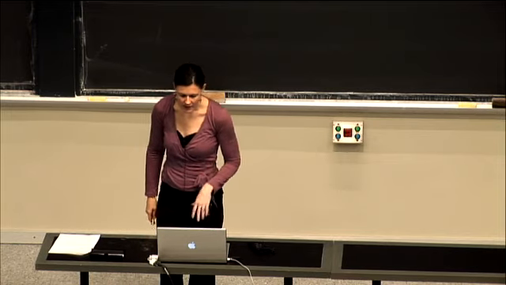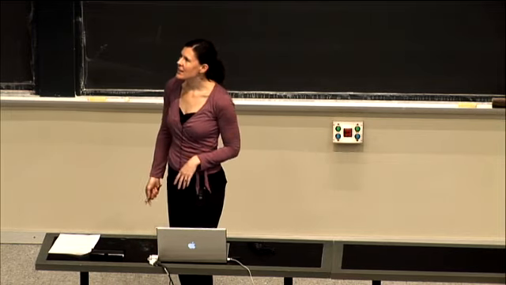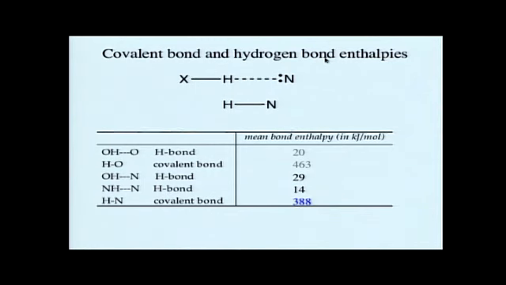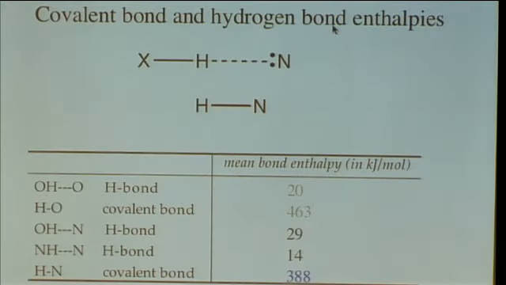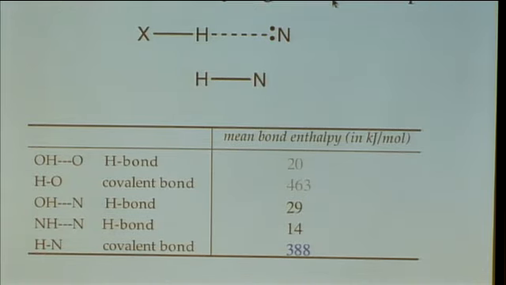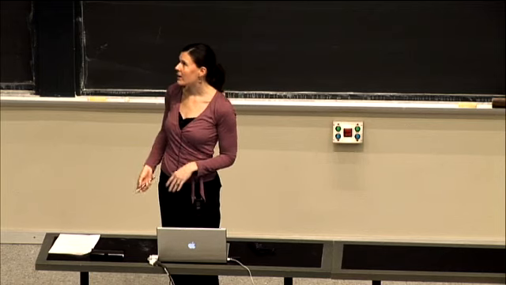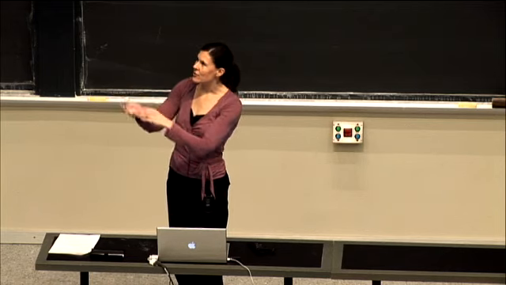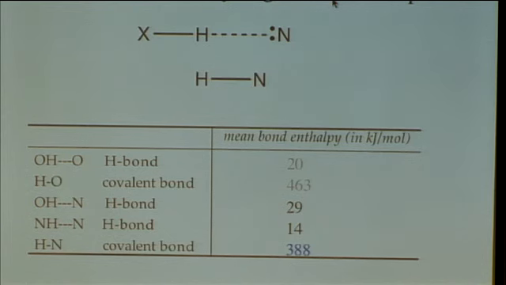Similarly, if we look at nitrogen, if we have an OH bound to a nitrogen, that's 29 kilojoules per mole. If it's an NH hydrogen bond to a nitrogen, that's 14 kilojoules per mole. And if we're talking about an HN covalent bond, now we're talking about 388 kilojoules per mole.